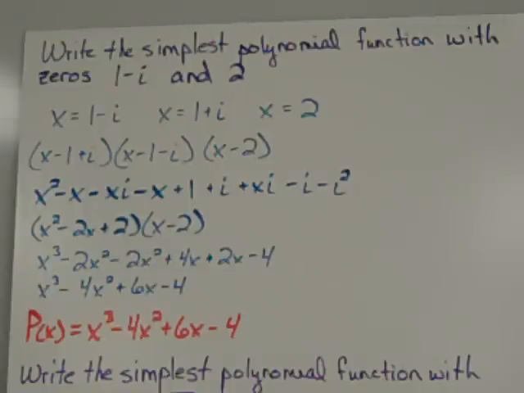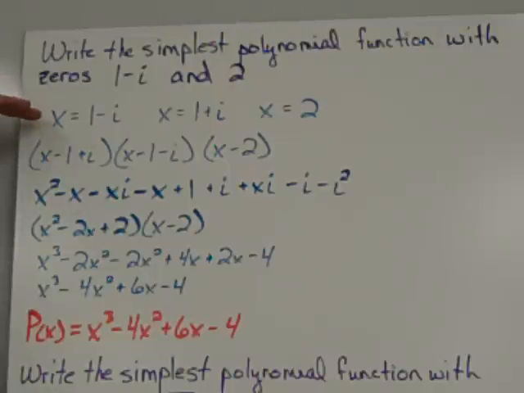Since you now know the complex conjugate root theorem, you can now do the same type of problem that we were just doing, but you have to remember that if there is one complex root, its conjugate is also a root. Meaning we're still doing the same thing. Write the simplest polynomial function with zeros, and this time it's going to say 1 minus i and 2.